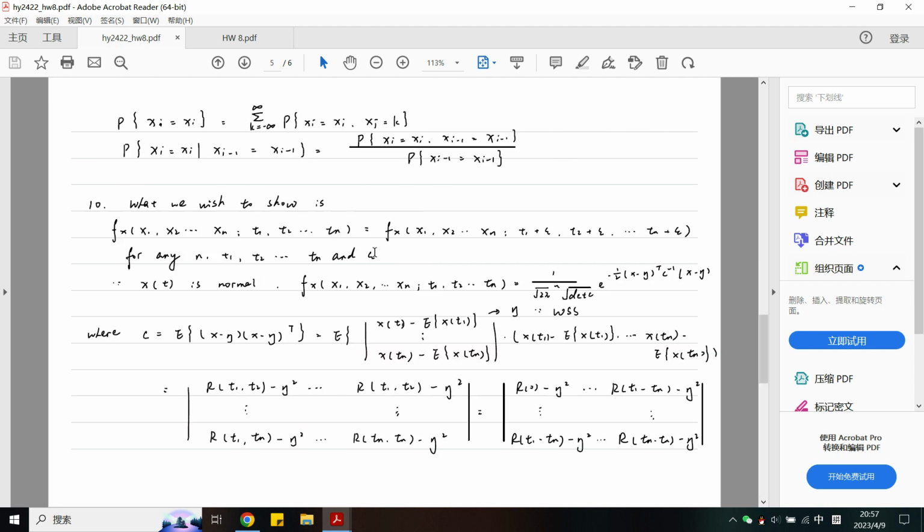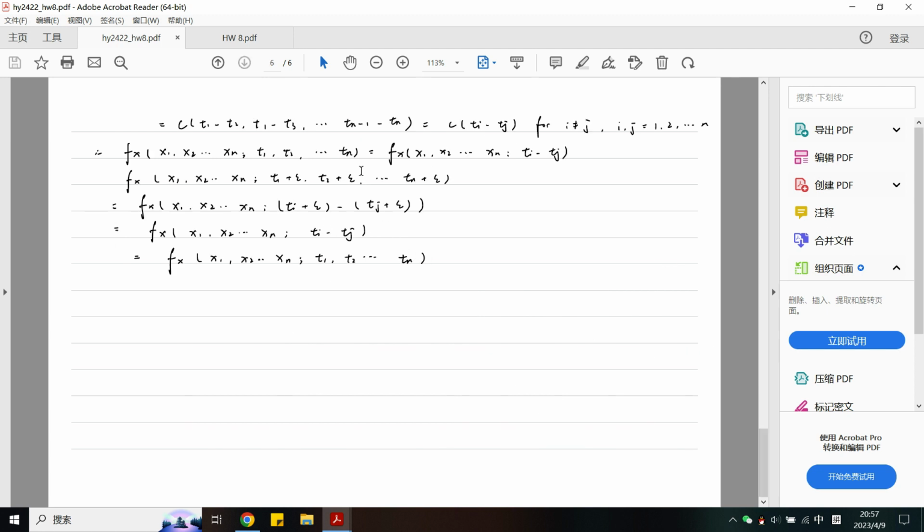So after that, we can get that f_X(x1, x2, ..., xn; t1, t2, ..., tn) equals f_X(x1, x2, ..., xn; ti minus tj).